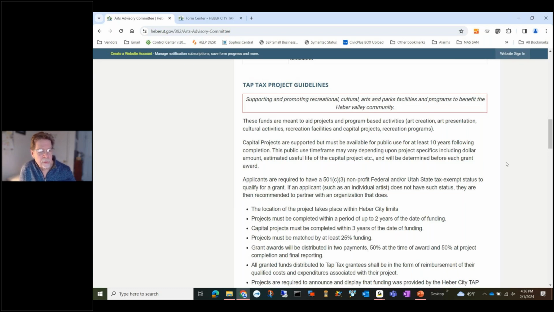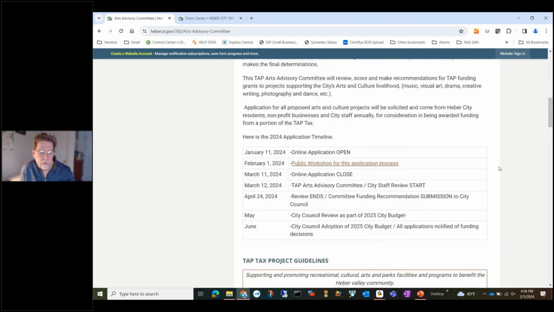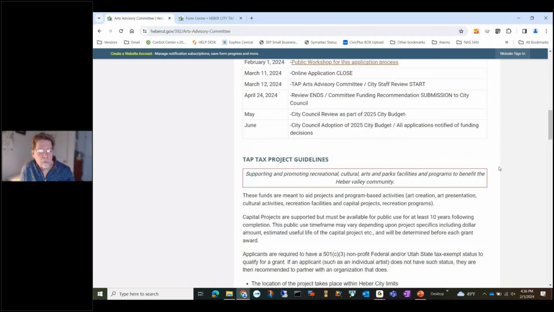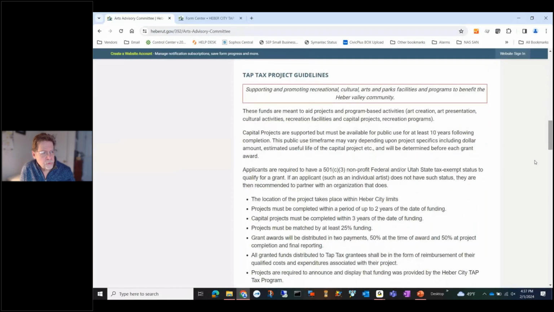We're also going to walk through the guidelines for the granting process and the essence of how Heber City is organized for its distribution of its portion of the tourism, arts, and park tax increments.